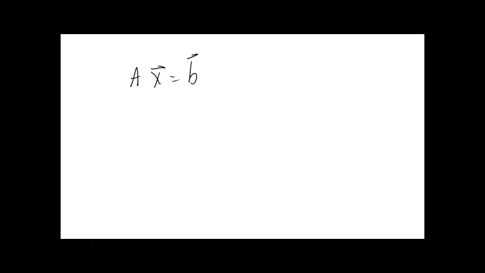So A would be just the numbers like we have been doing. The X column would be X, Y, Z if it's a 3-variable system, and B would be the answer for each of those, exactly.